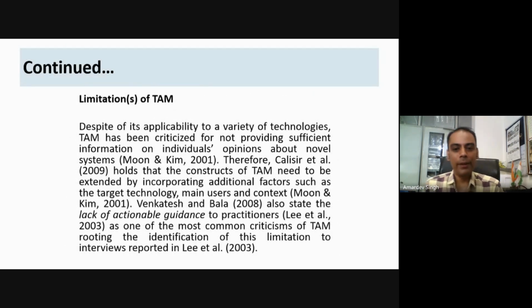No doubt, there is a limitation also. The limitation is that it only takes into consideration the technological factors, and it sometimes leaves out other important factors that may be relevant in the context of technology adoption, such as organizational factors or environmental factors. That's it.